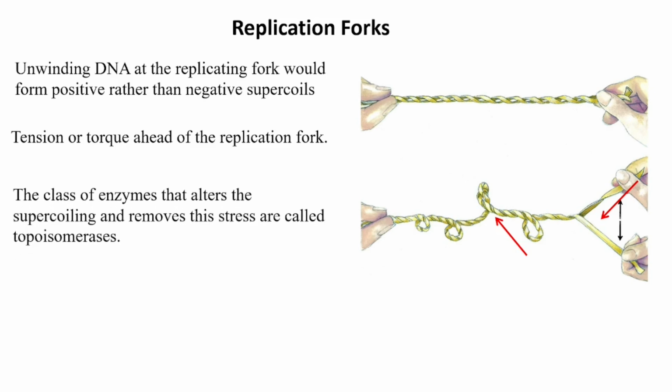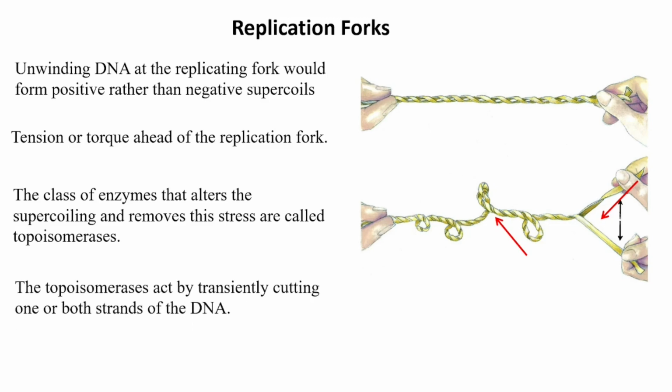The class of enzymes that alters the supercoiling and removes the stress are called topoisomerases. The topoisomerases act by transiently cutting one or both the strands of DNA, as we will see in the coming slides.